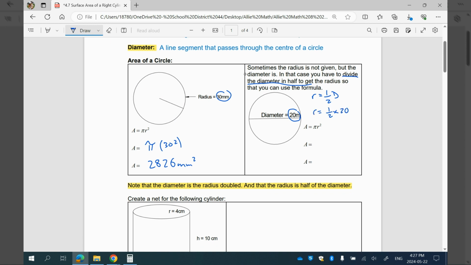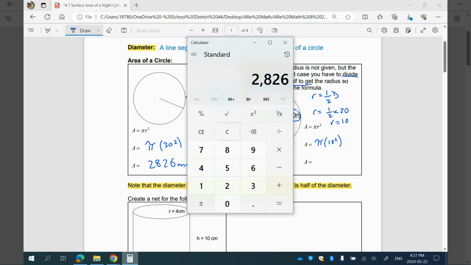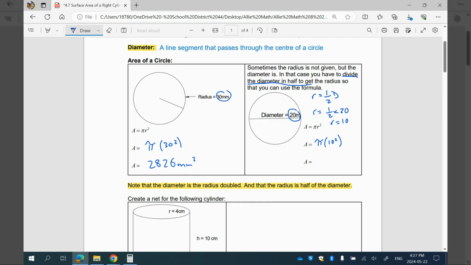So radius is going to equal 10. So let's do it. Pi times 10 squared, or 10 times 10 is 100. 3.14 times 100 gives us 314. 314 looks like meters squared.